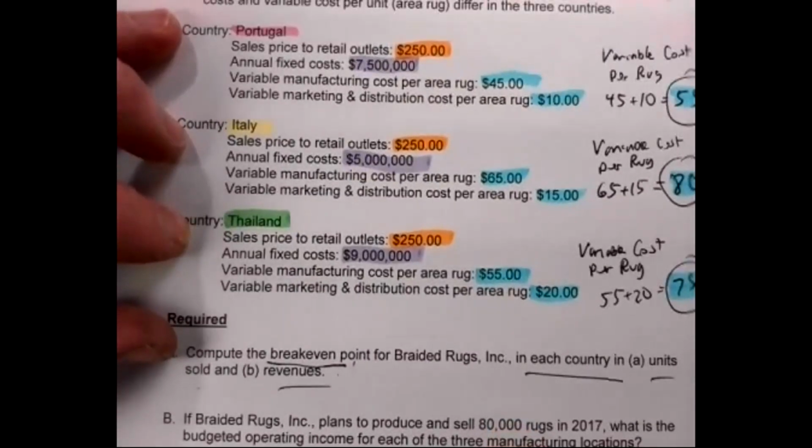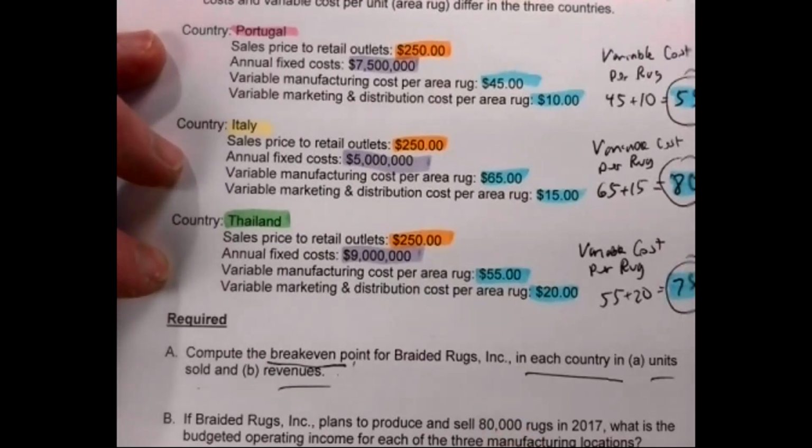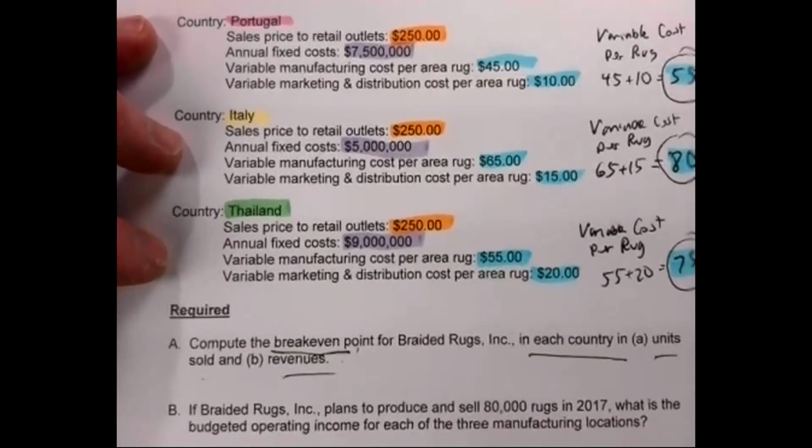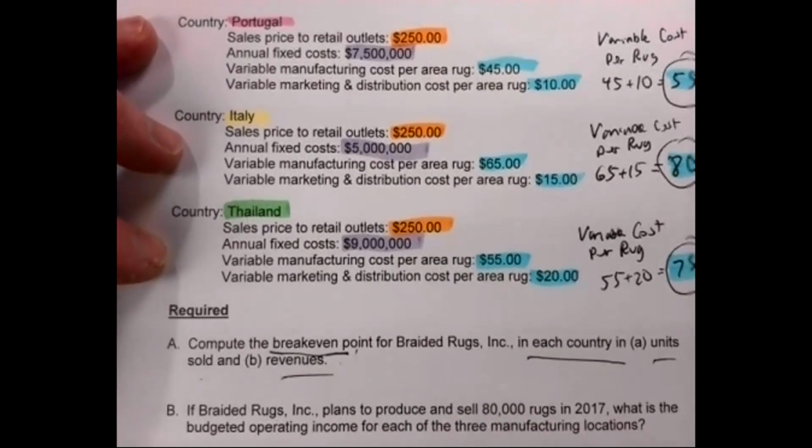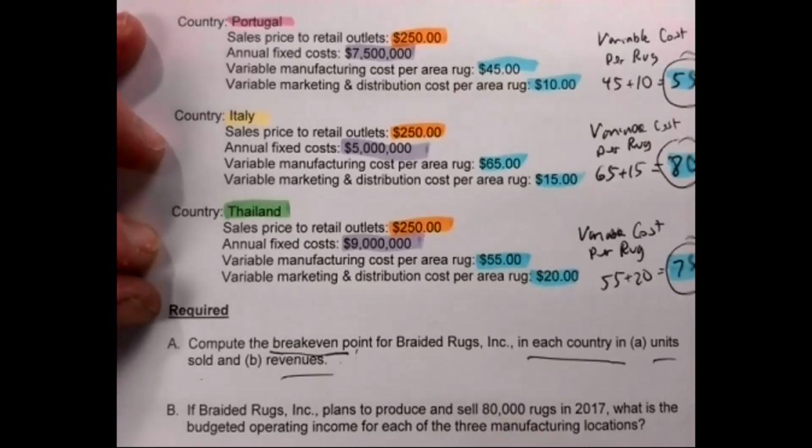first of all, if any of these countries were picked, would we be profitable, or is there a country that would be unprofitable if we sold 80,000 rugs? Would any of these countries lose money if we sold 80,000? Think about the break even. No, they don't make money.